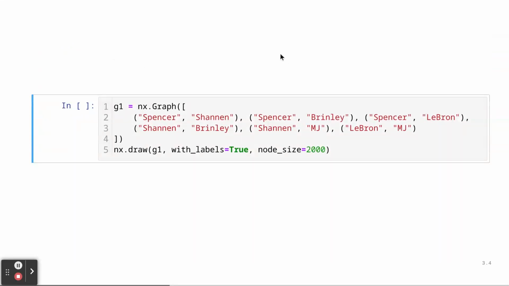So the way we're going to construct our graph is we will use the networkx.Graph class name. And as the only argument, what we'll pass is a list right here of edges that need to be formed. And the way the edges are going to be given to NetworkX is with a tuple of 2 elements.